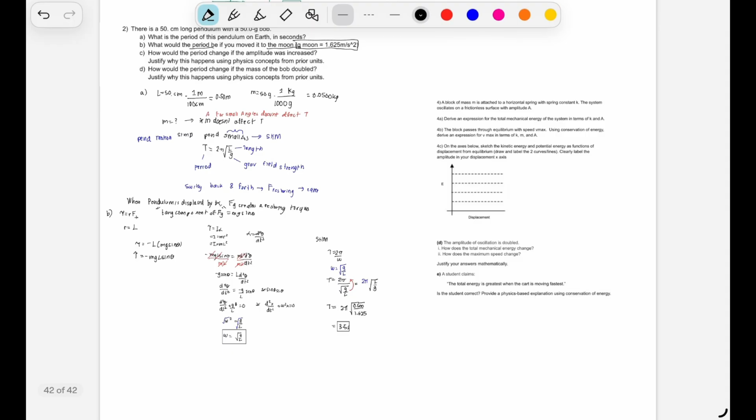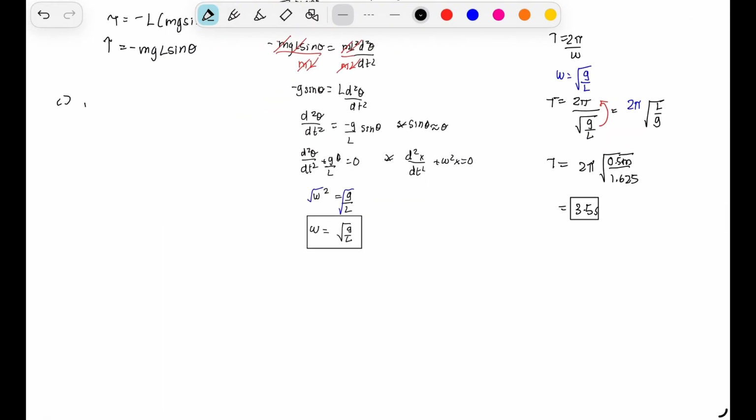So the answer is that the period would stay the same. This is because in the formula T is equal to 2 pi root of L over g, there is no amplitude involved. So that means that the period does not depend on amplitude as long as the motion stays in the small angle range where simple harmonic motion is valid.